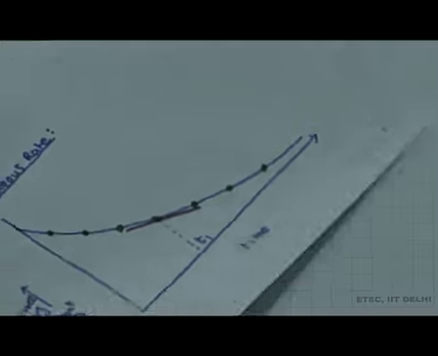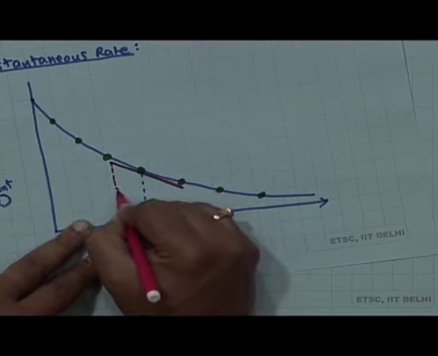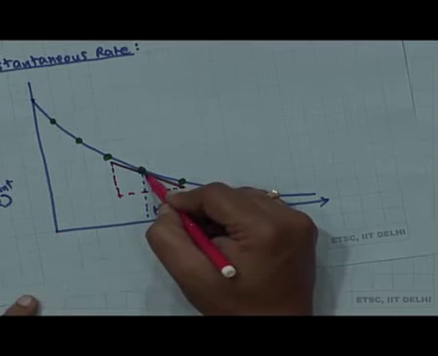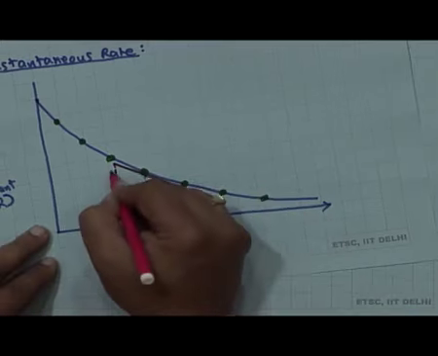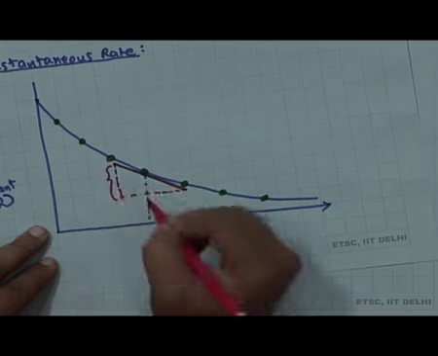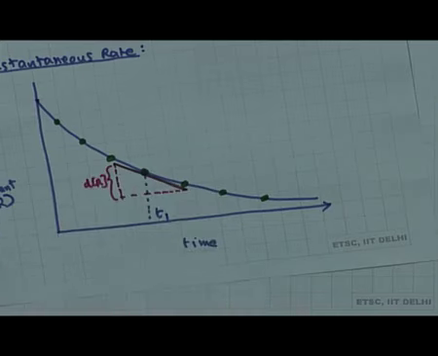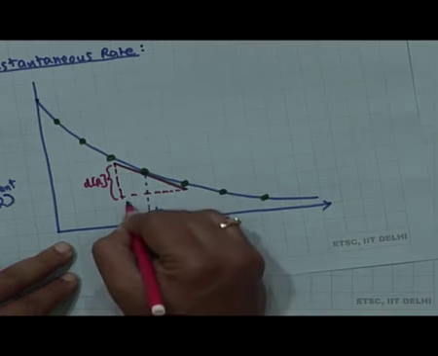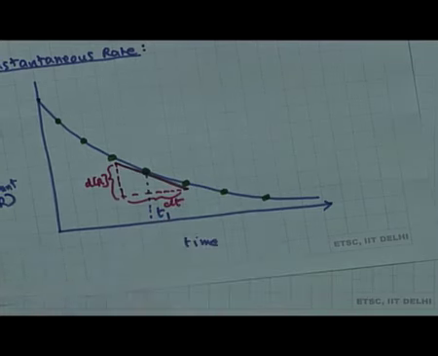I draw a tangent, and then I take the slope of the tangent. I have drawn a tangent right at t 1. Along this axis is the change in concentration of R, which is dR, and along this axis the change in t, which is dt. The way the instantaneous rate is different from the average rate is this.